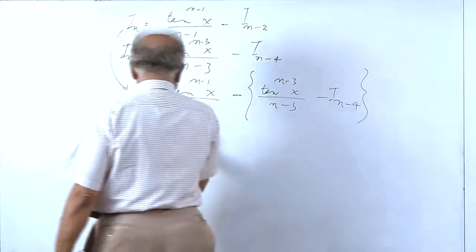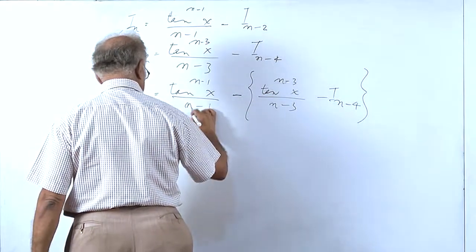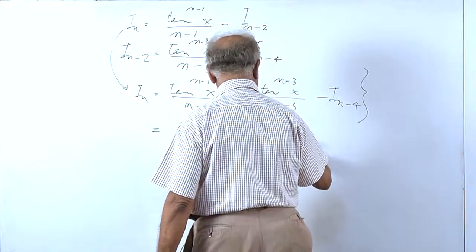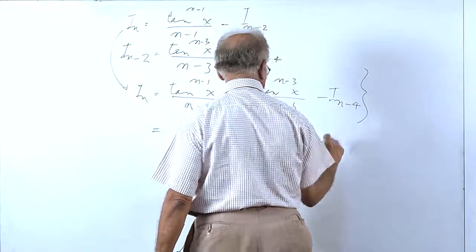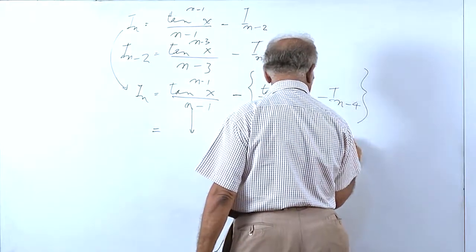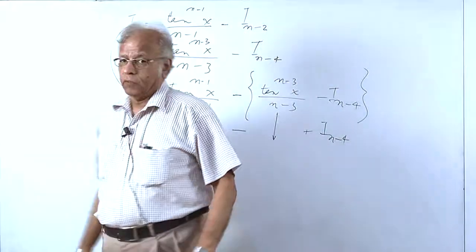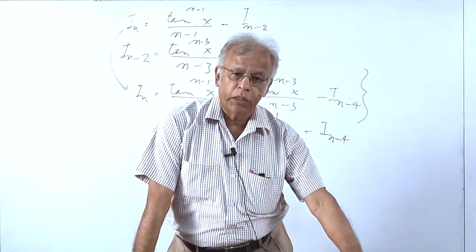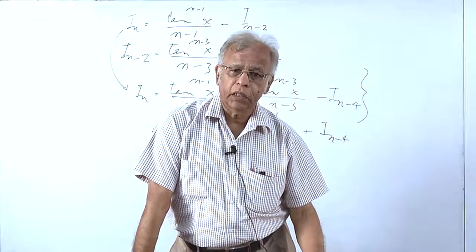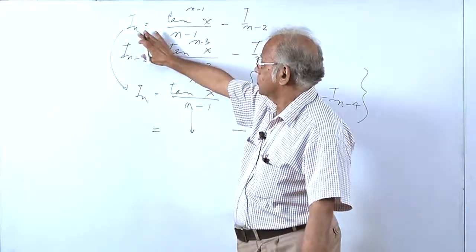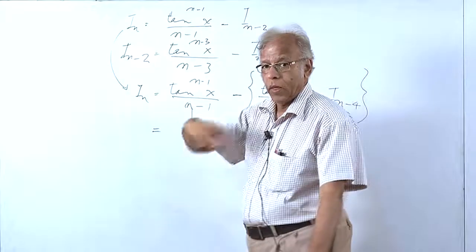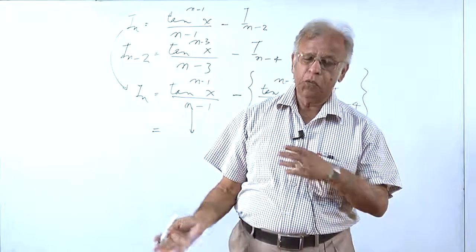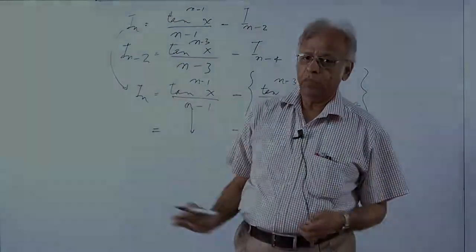On simplifying, this becomes this term minus this term but plus I sub n minus 4. So the flavor, or the trick we could say, is to keep on generating integrals similar to I sub n, but with the indices reducing successively by either 2 or 1 step. We will see more examples and understand better.